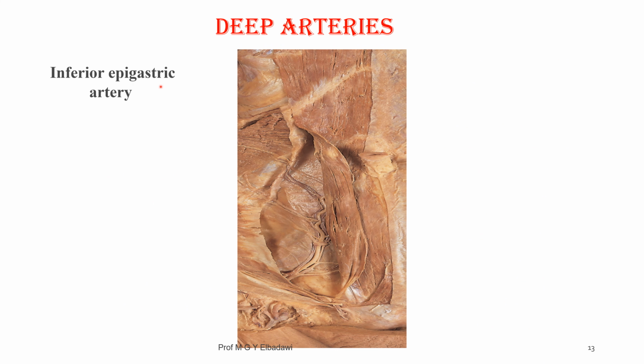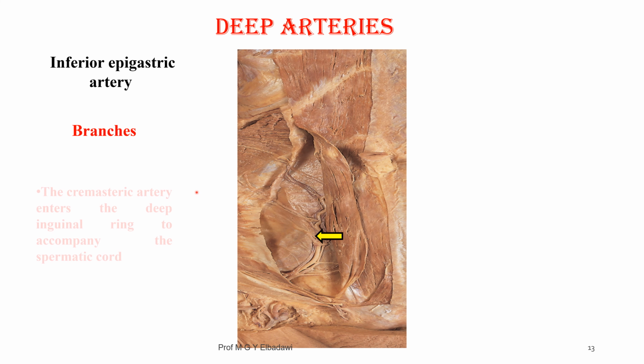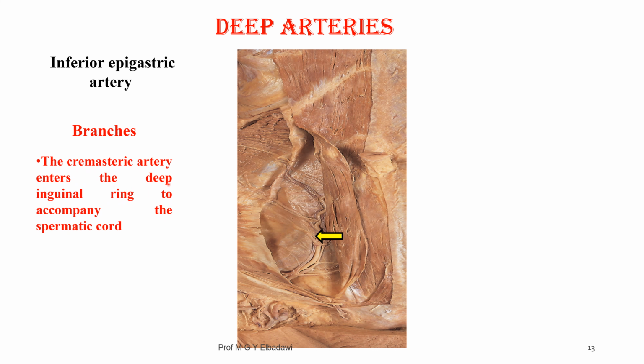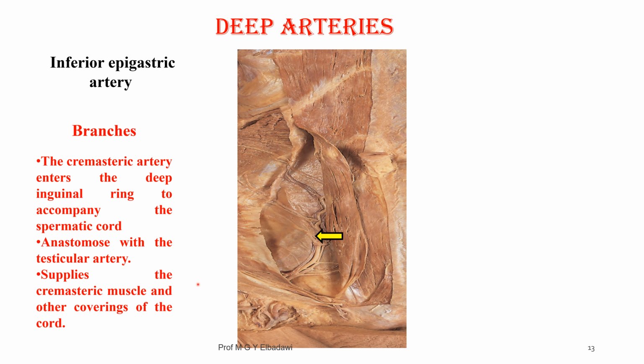The branches of the inferior epigastric, that is the one here again, include the cremasteric artery, which enters the deep ring to the inguinal canal, accompanying the spermatic cord, and anastomoses with the testicular artery to supply the muscle and the other coverings of the spermatic cord.